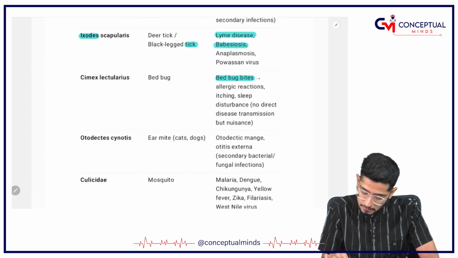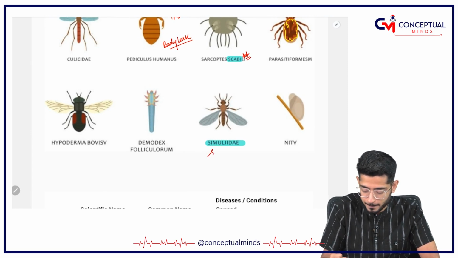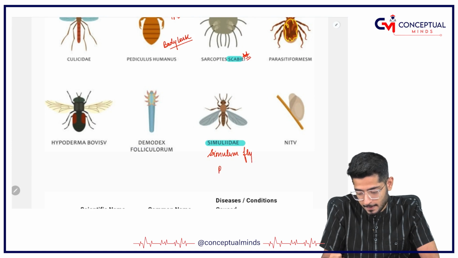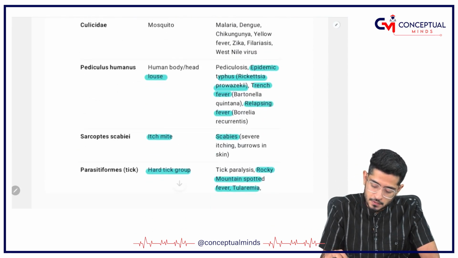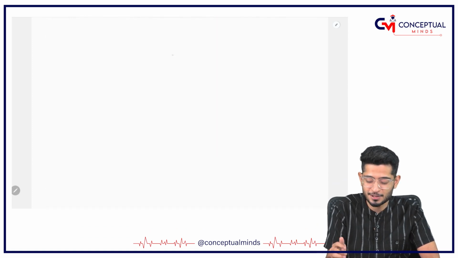Look at the picture of the black fly, this is the Simulium fly or the black fly, which is responsible for causing onchocerciasis. So this is all about the rickettsial infection, and thank you.